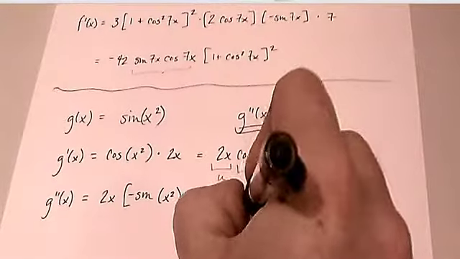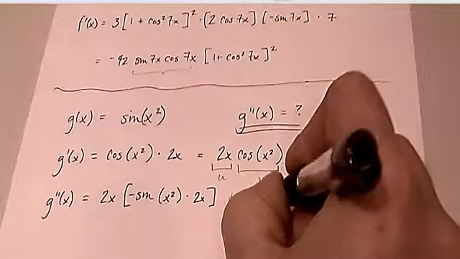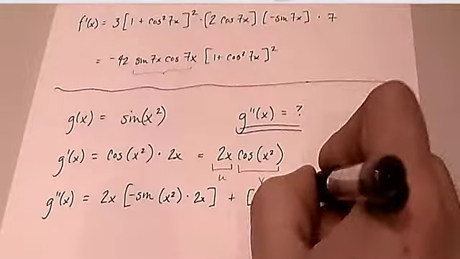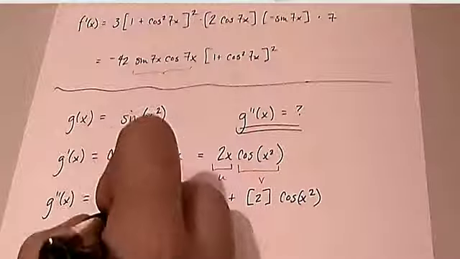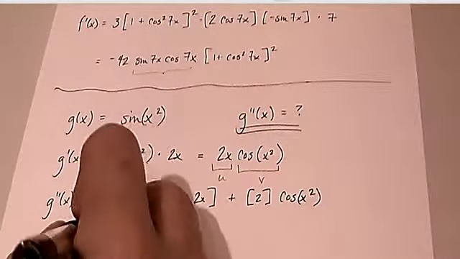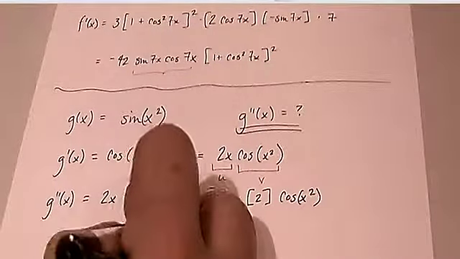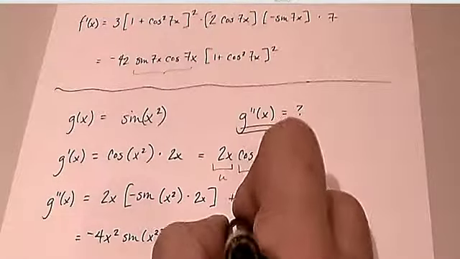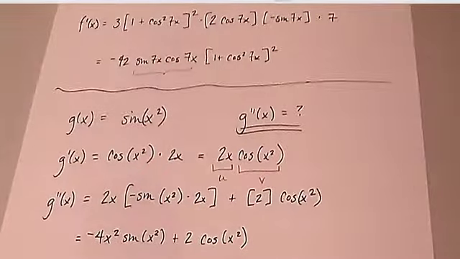Well, then I also need to take u prime over here in this other term and then have cosine of x squared. And of course, we'll go ahead and put the parentheses around the x squared. This winds up being negative 4x squared sine x squared plus 2 cosine of x squared. And, unless you want to reverse the order of those terms, so you have the positive term first, which is more of an aesthetic thing than really hardcore simplification, that's pretty much the second derivative right there.